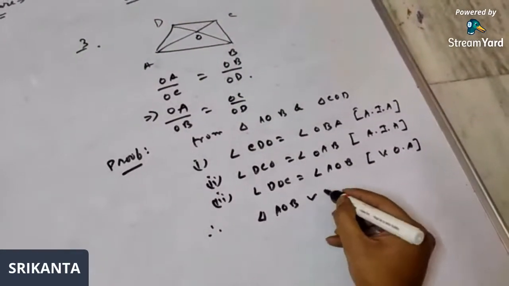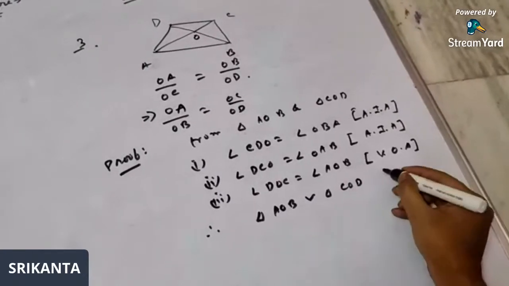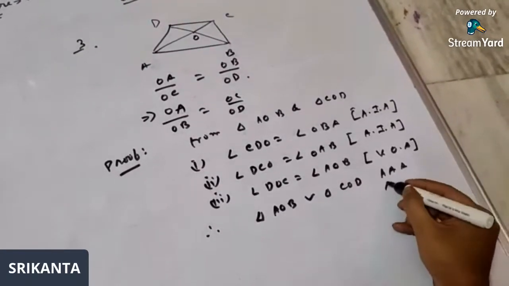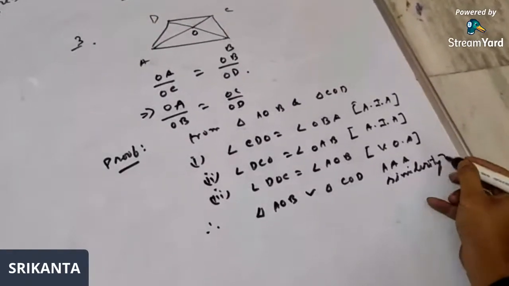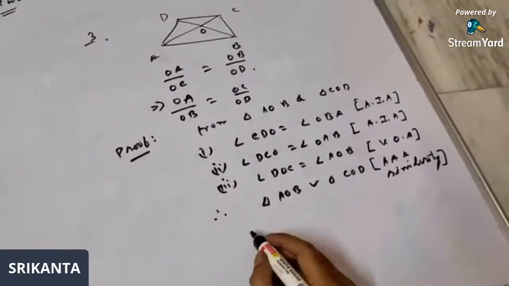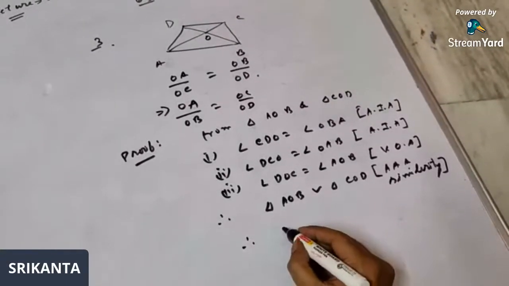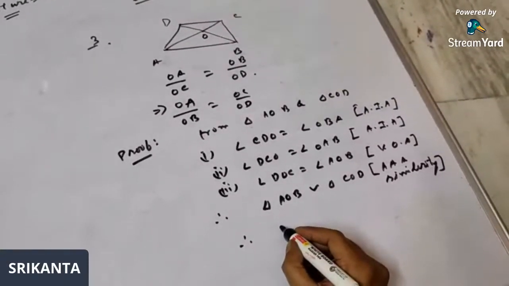Therefore, by angle criterion, triangle AOB is similar to triangle COD, angle similarity. Clear? Since they are similar, the ratio of the corresponding sides will be equal, right?